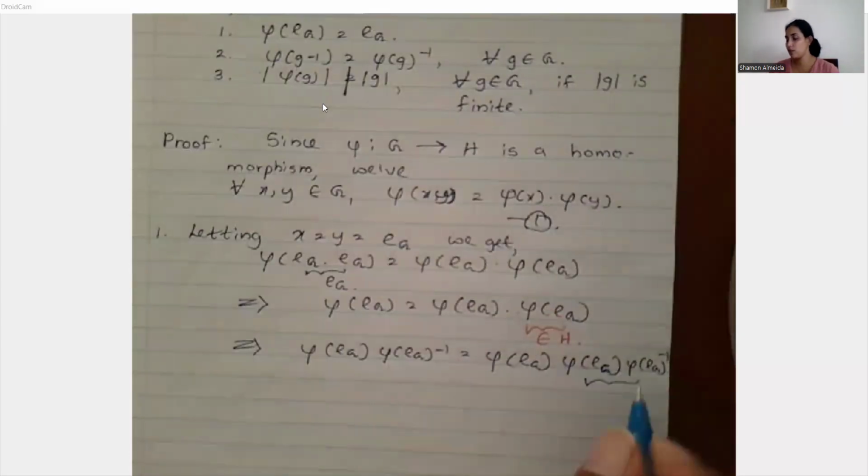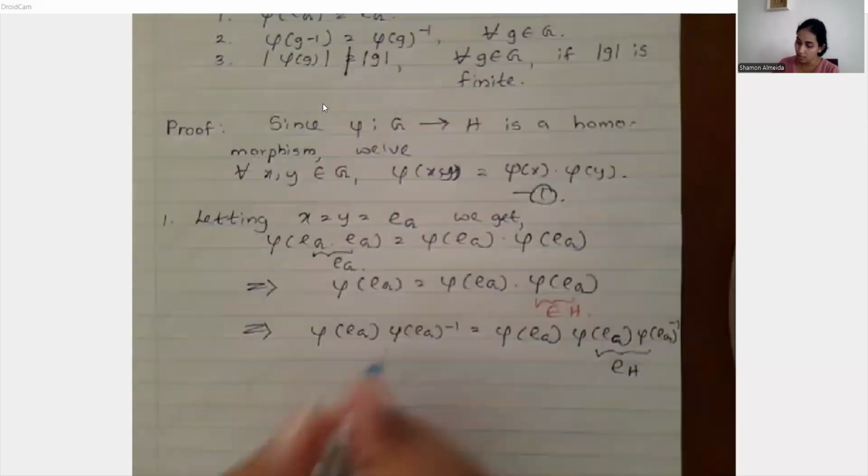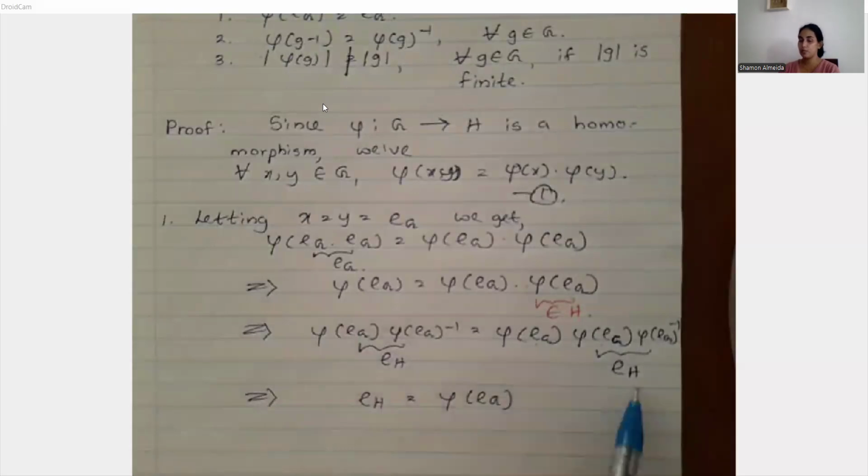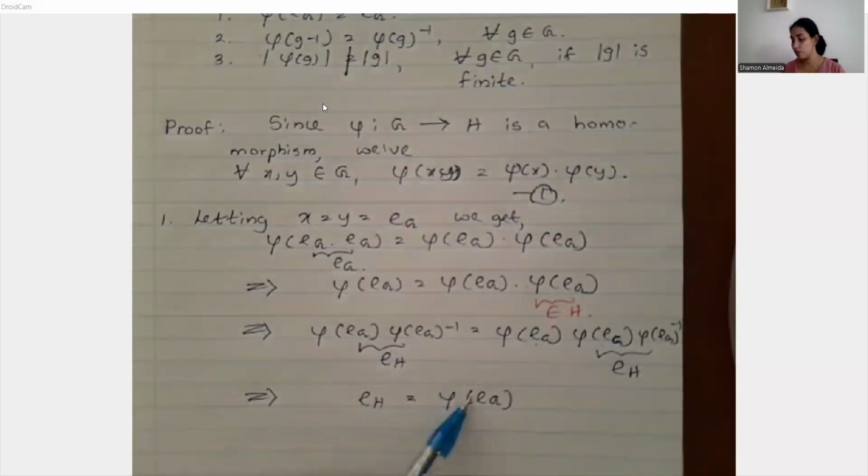Because these two are elements in H and one is the inverse of the other, we have this to be the identity of H, and this gives you identity in H equaling phi of e. Any element times the identity will give you the element. So by this function, e_G is mapped to e_H, the identity in H. Exactly what we want to prove.